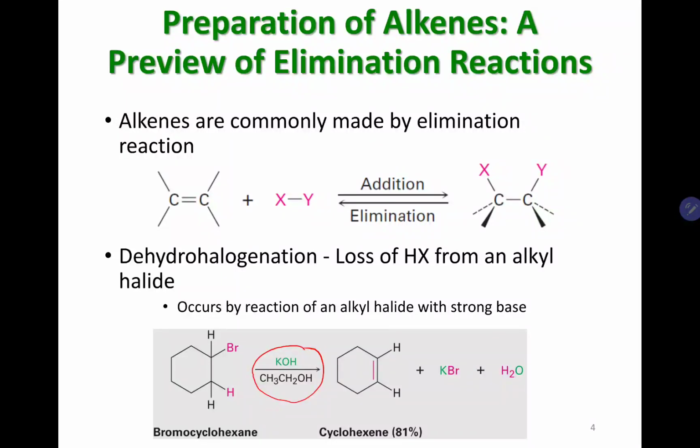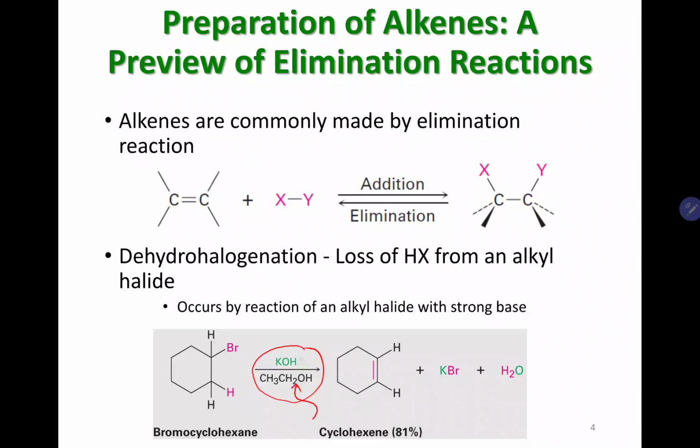So the go-to base for these reactions is KOH. But we will talk about a few other bases in the future when we learn more organic chemistry. But for now, you might want to remember KOH. So we will use KOH in the presence of alcohols to generate alkenes from alkyl halides. Why do we need an alcohol, you may ask?